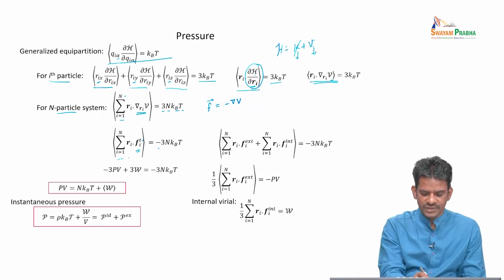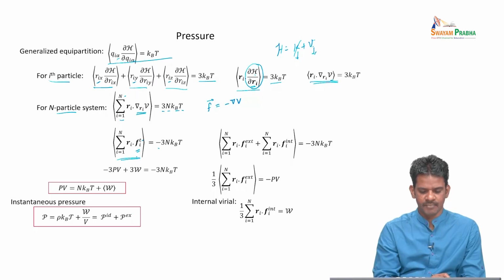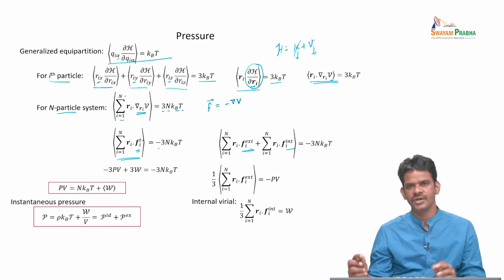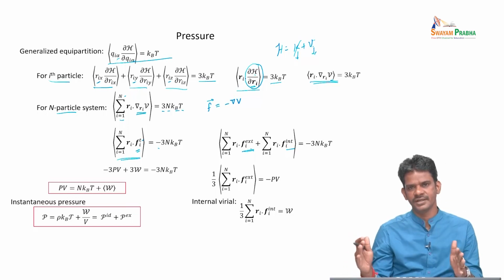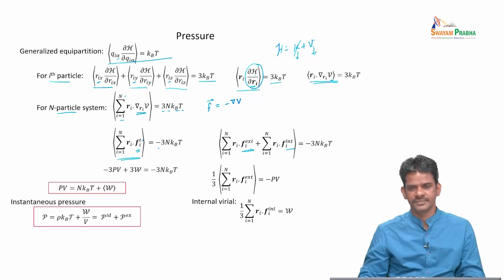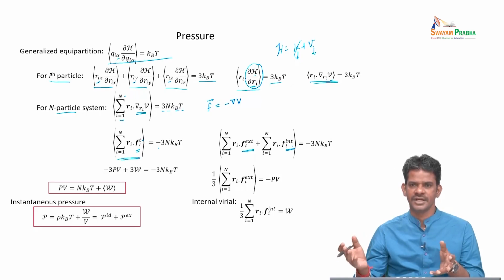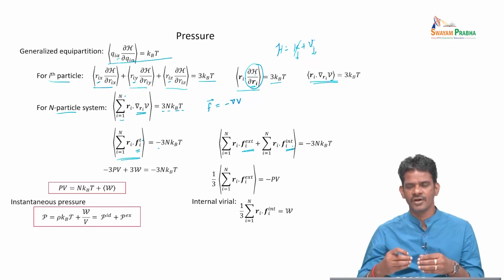And now within this particular angular bracket, we write the total force as a sum of external force and internal force. The external force is something you can think of as the effect of the wall of the container in a real experimental system, whereas the internal force is because of intermolecular forces, which could be due to electrostatic interactions or van der Waals interactions, or bond torsional potentials, bond potentials, bond angle potentials.